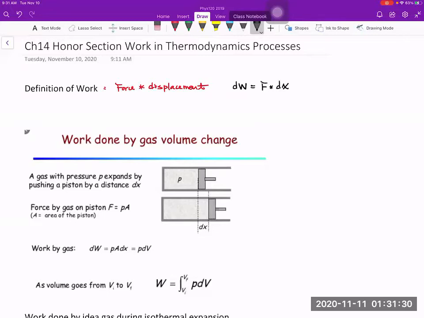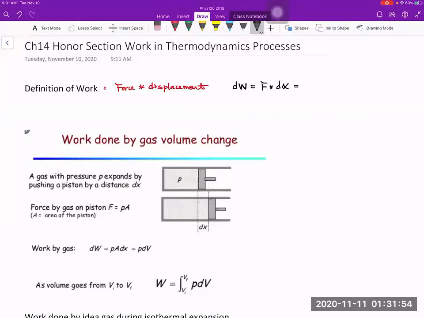Now we're going to change a little to see what happens if this work is done by a gas. We can introduce the equation of pressure. Remember how we define pressure: pressure is equal to force divided by area.